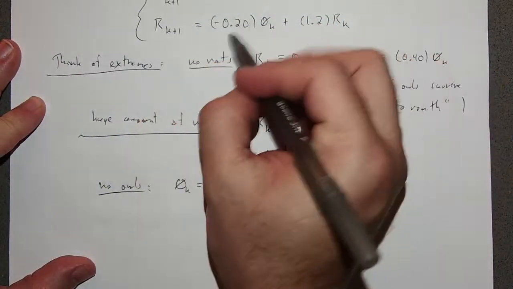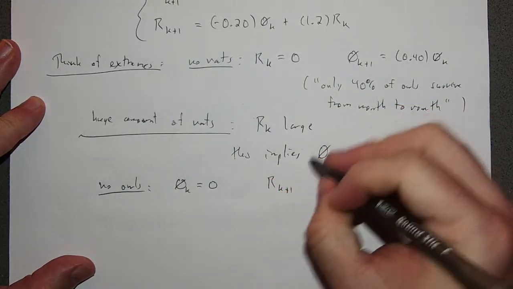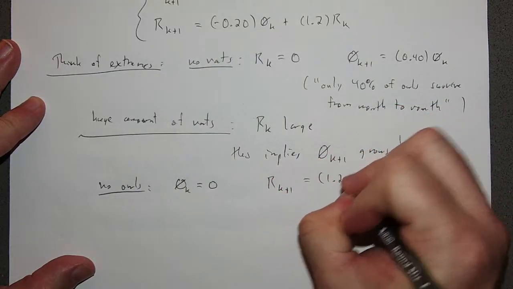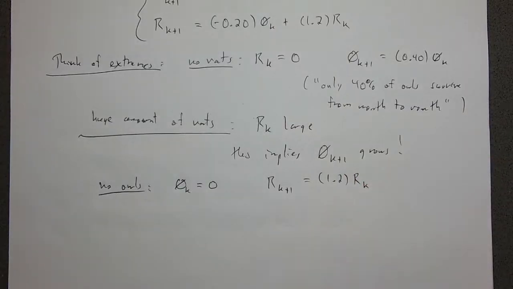In the second equation, this is 0, so the rats grow. They're actually going to grow exponentially, right? Their rate of growth is proportional to the current population, which is exactly the definition of exponential growth. So they are growing exponentially in this way.